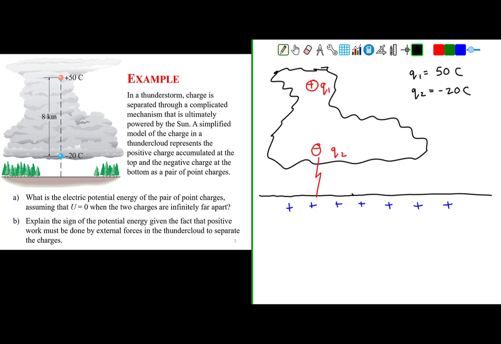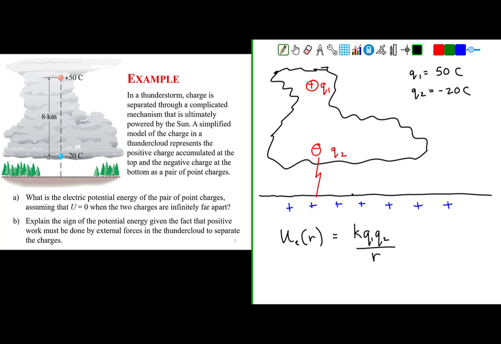So let's write down the formula we have for the electric potential energy due to a pair of point charges. It is based off of their separation distance, and it's given as the Coulomb constant times the product of the charges divided by the distance between them.